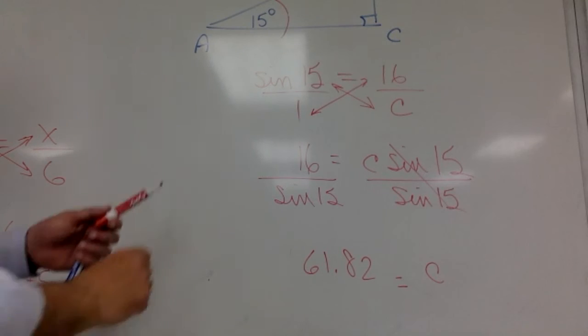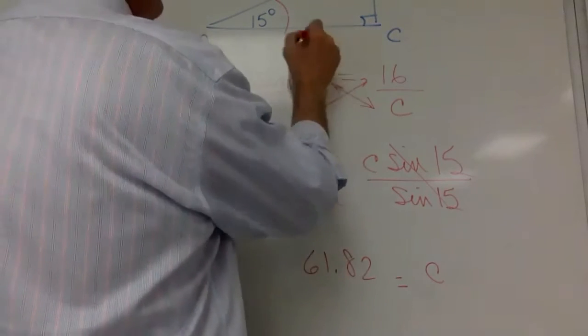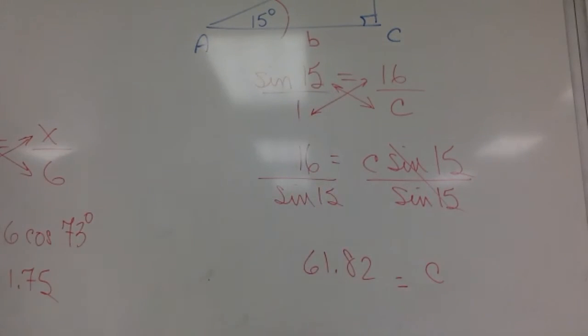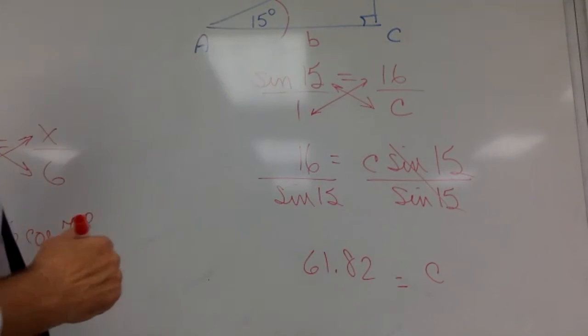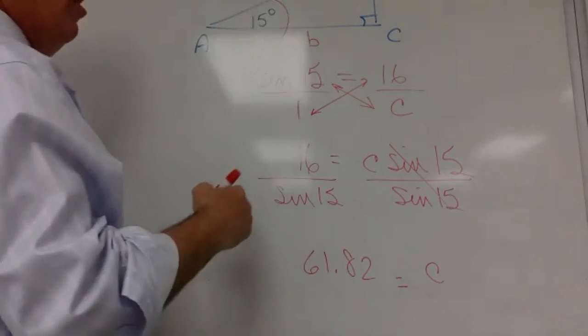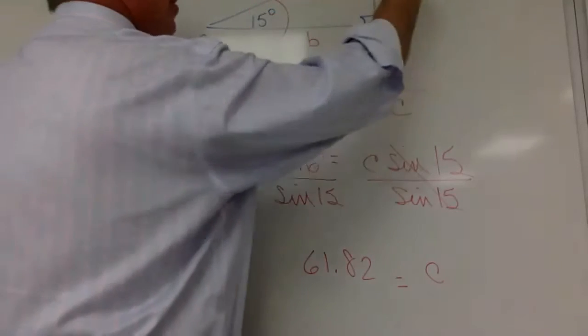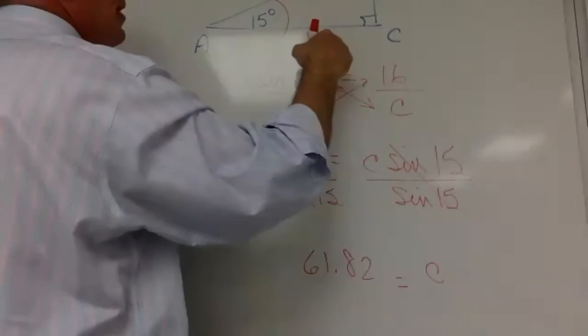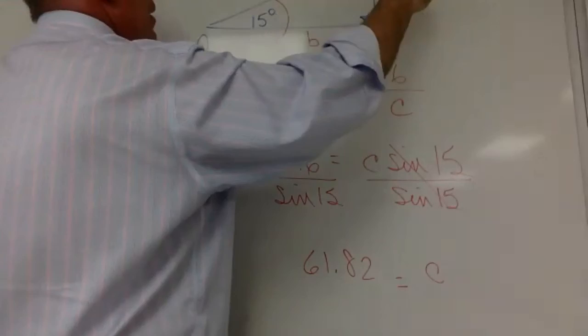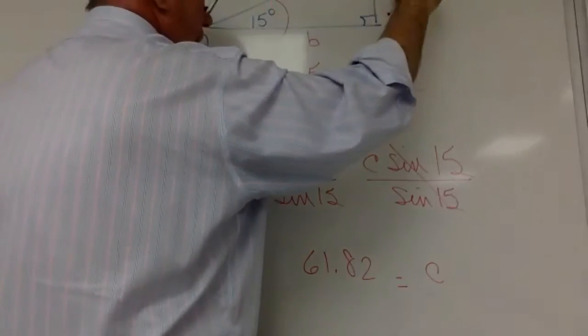All righty. Let's find B. I got the angle 15. What ratio am I going to use? Look, ready, watch. What's that?